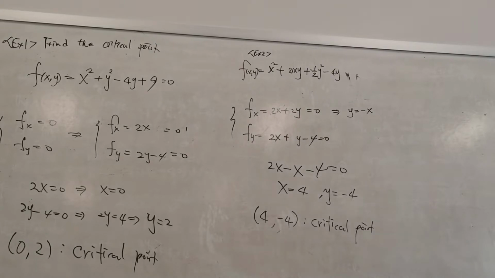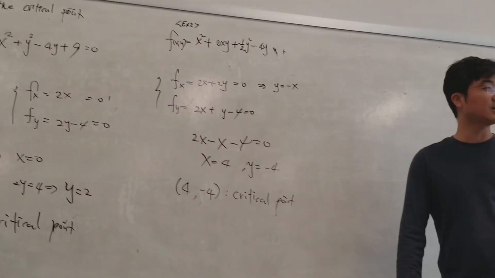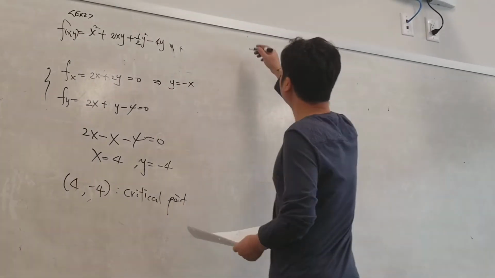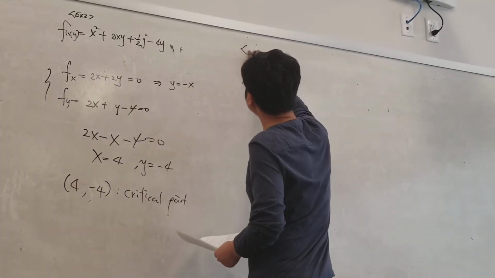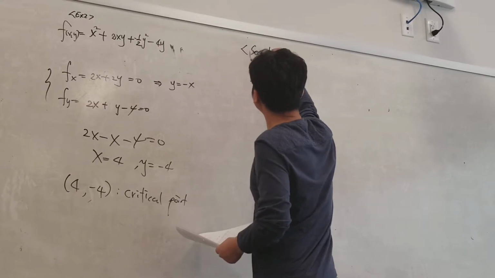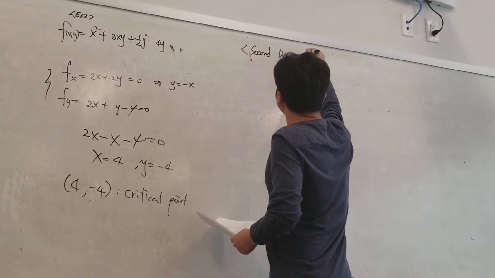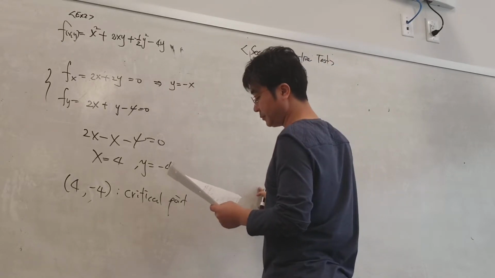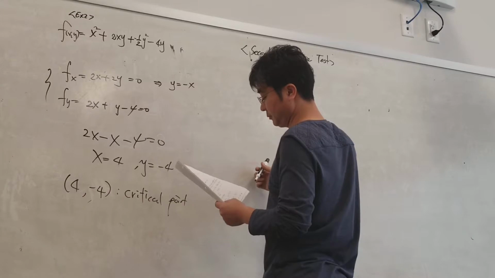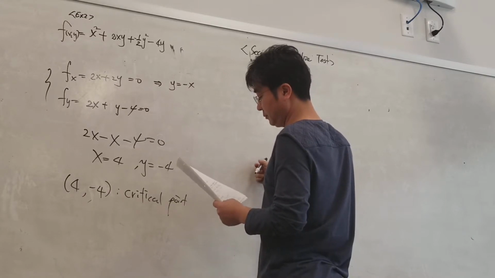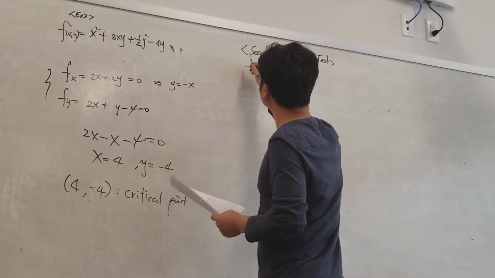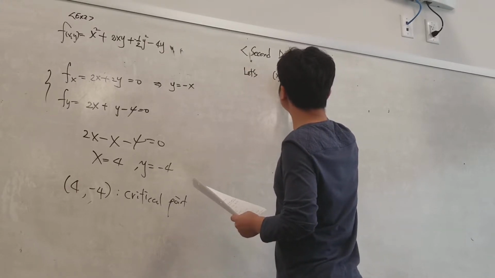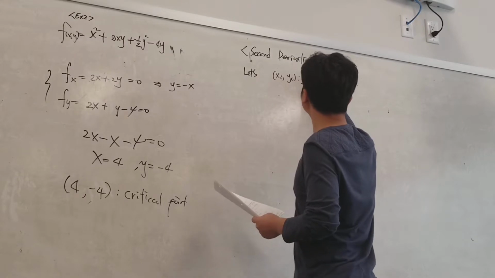So now let's move to the second derivative test. You guys remember the second derivative test in Cal 1? Okay, we have a similar one. The second derivative. So let xc, yc be the critical point.